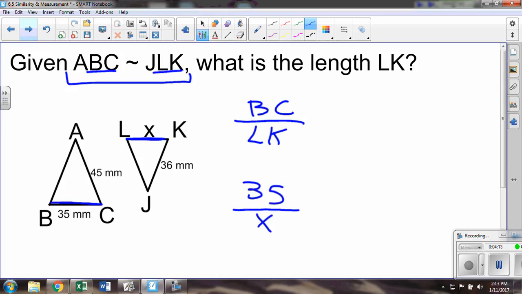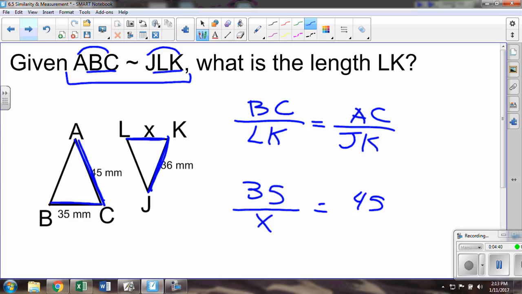Working similarly, over here we'd have length AC. AC is position 1, 3. What does that match up with? What does it correspond to? Of course, 1, 3 corresponds to 1, 3. That's going to give us JK. And we can recognize JK being right here, build our proportion, saying 45 and 36.